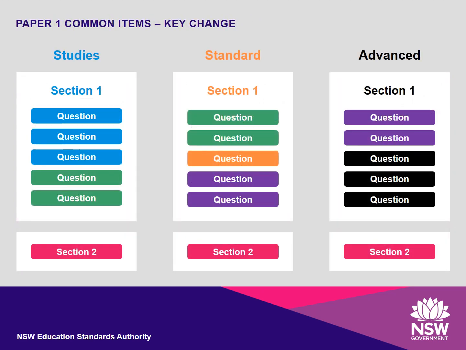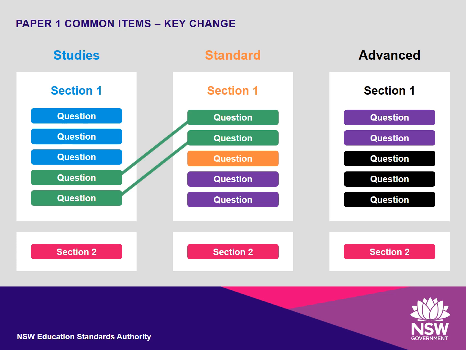Here is an example of how the common questions could be positioned across the 3 versions of Paper 1. Questions are always in order of difficulty, so you can see in this example that English Studies students would start with 3 questions that are just for them. The last 2 questions, in green, would then be common with the standard paper.